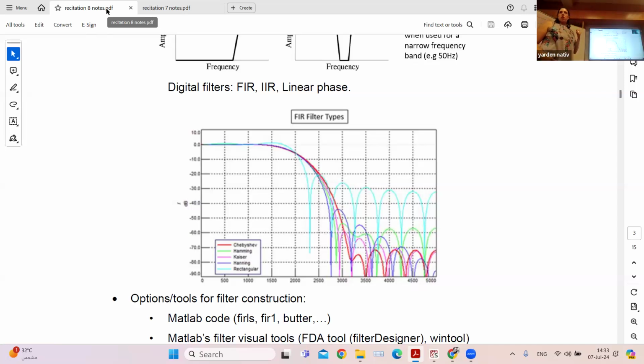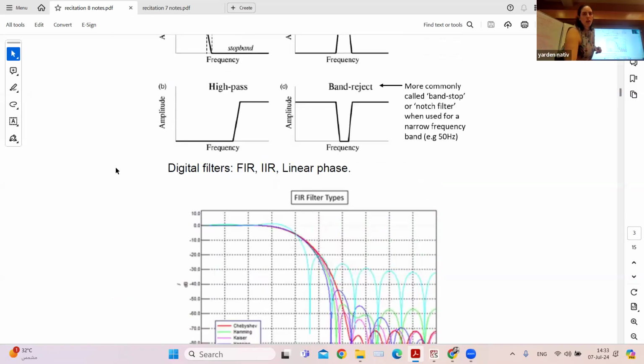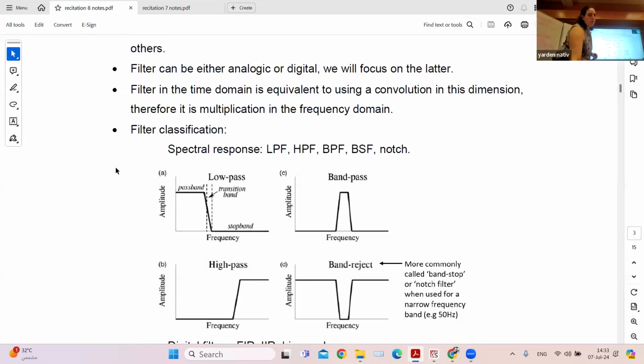Now, this type of filter is not created like here. Over here, what you do is take the frequency and create a function in the frequency domain.